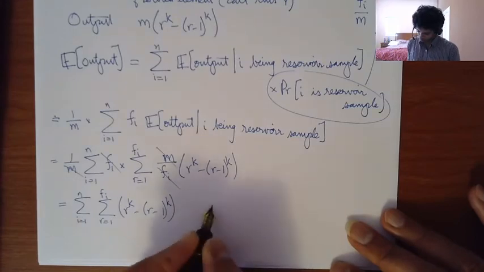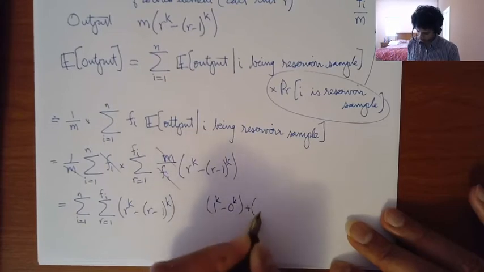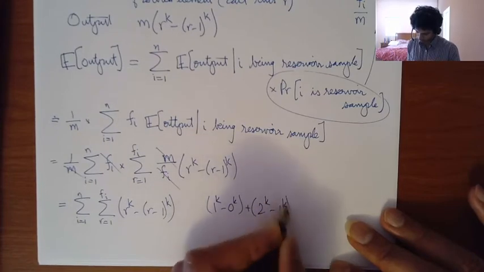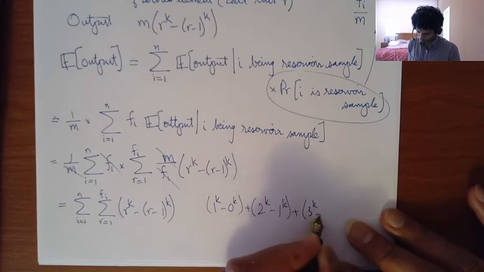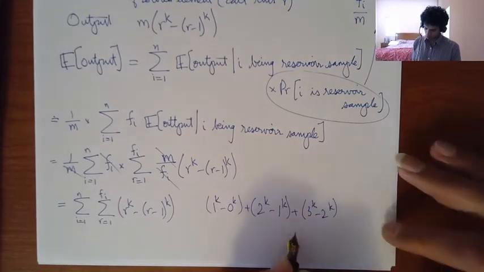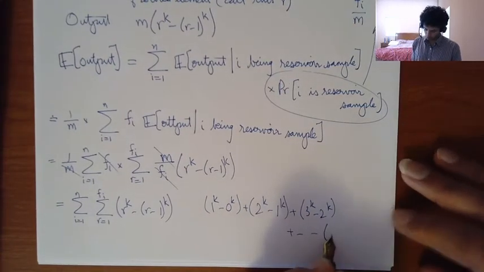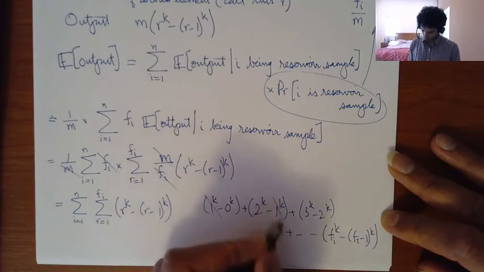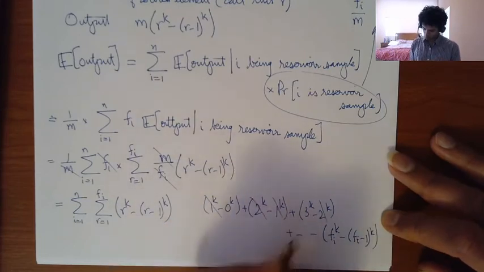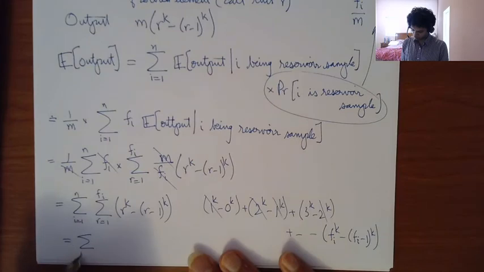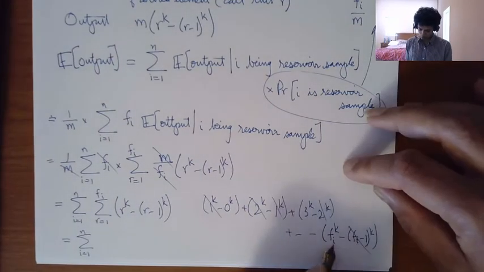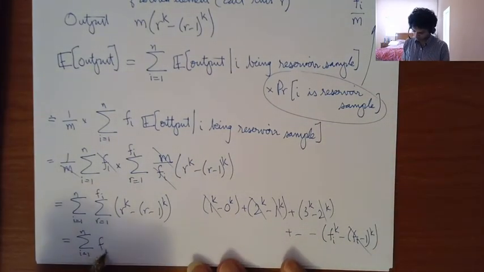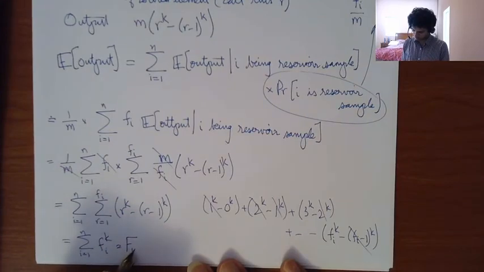You get 1 to the k minus 0 to the k plus 2 to the k minus 1 to the k plus 3 to the k minus 2 to the k, going all the way up to f of I to the k minus f of I minus 1 to the k. This cancels out with that, this cancels out with that, so on and so forth, and what you're left with is exactly f of I to the k, which is equal to Fk.